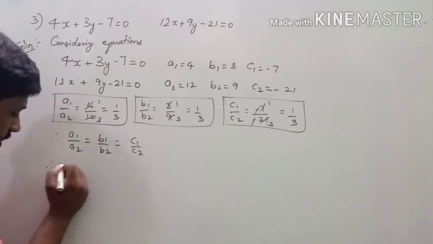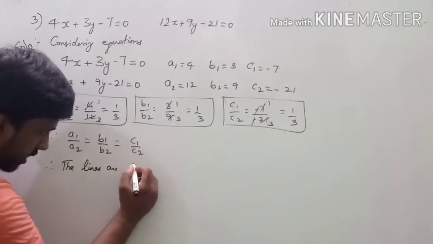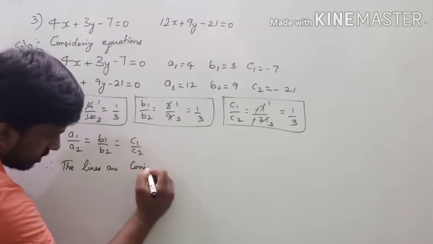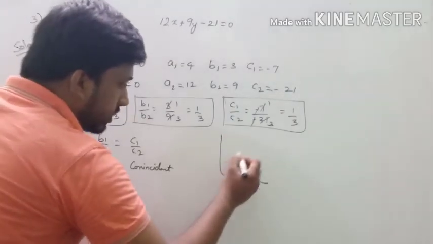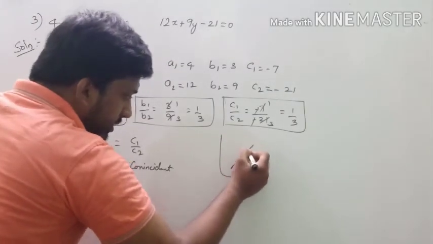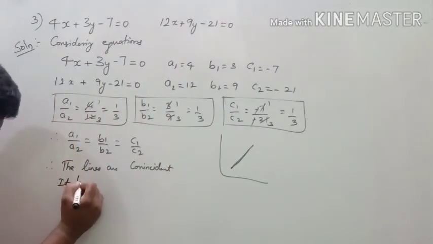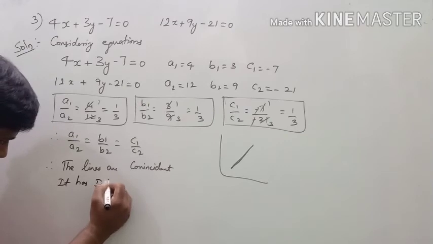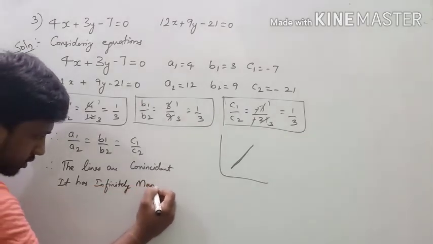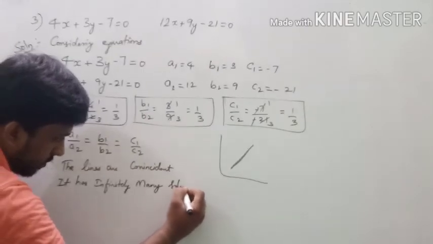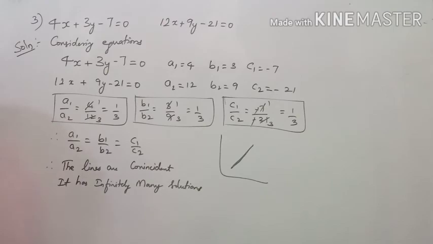Therefore the lines are coincident, which means in the graphical system a line and again the same line will be coming on that, so that it has infinitely many solutions, and it is of course consistent.